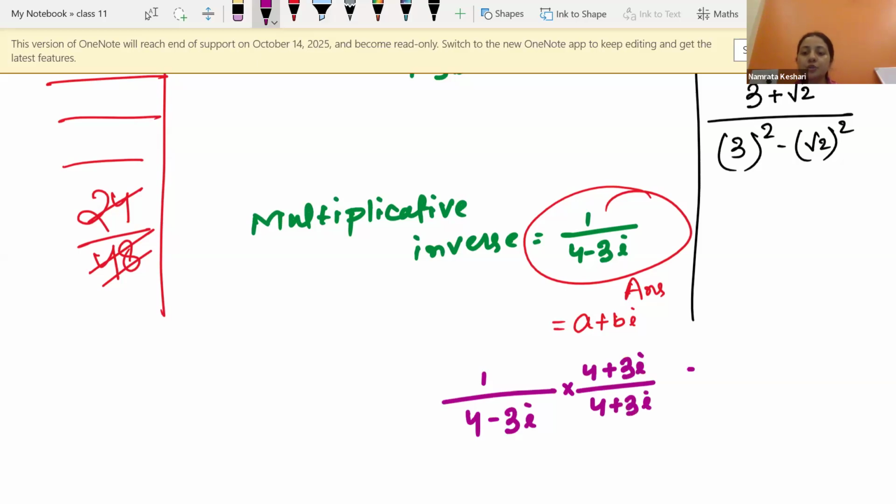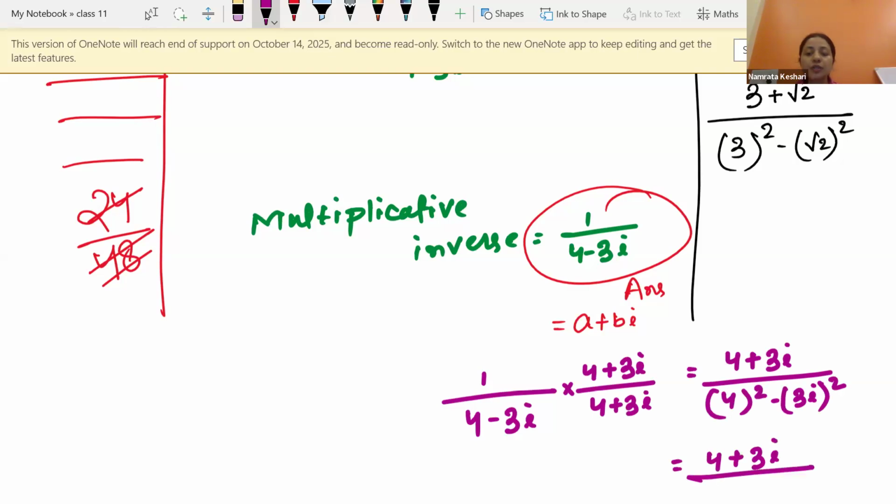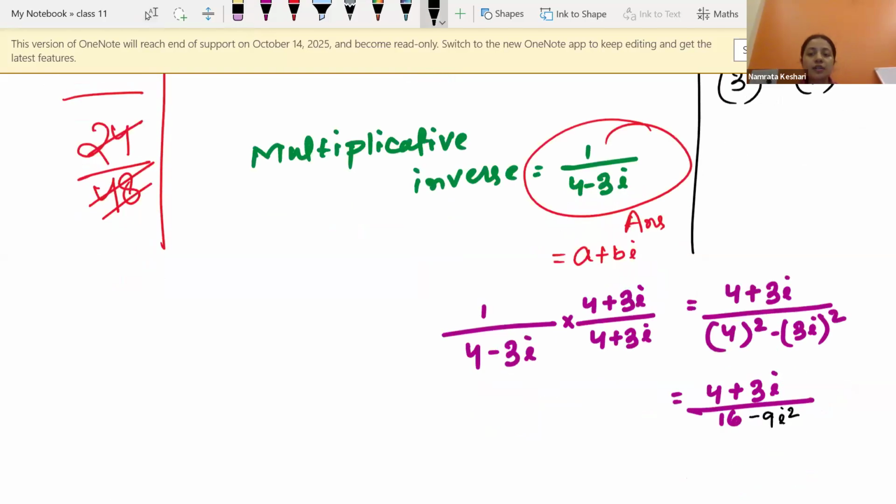This way, your numerator became 4 plus 3i and your denominator became 4 square minus 3i square. The moment you do something like rationalization, your numerator is sorted and your denominator is also sorted. See, you are going to get a number in the denominator. 3i square will be 9i square, minus 9i square, like this, and the numerator can be written as 4 plus 3i.